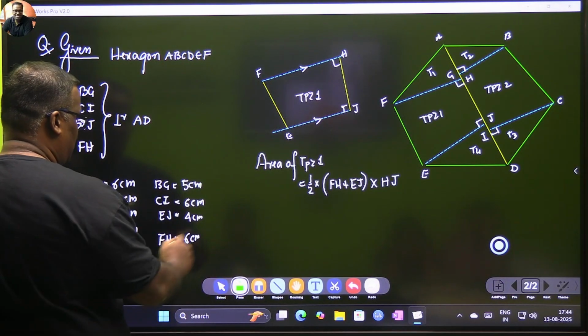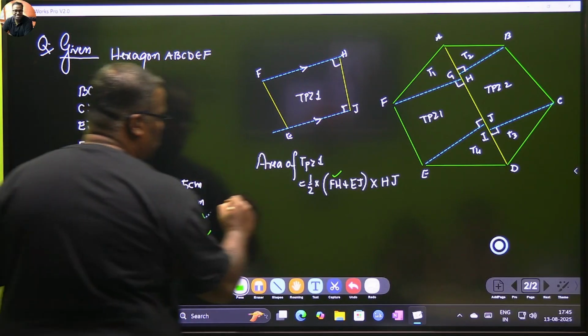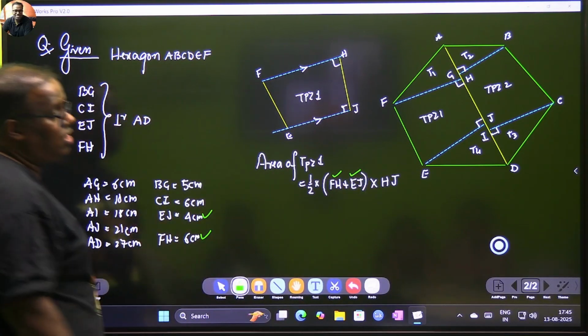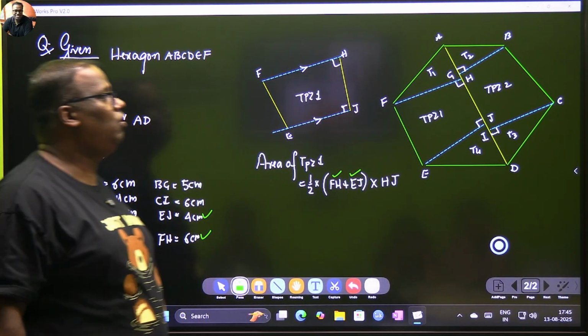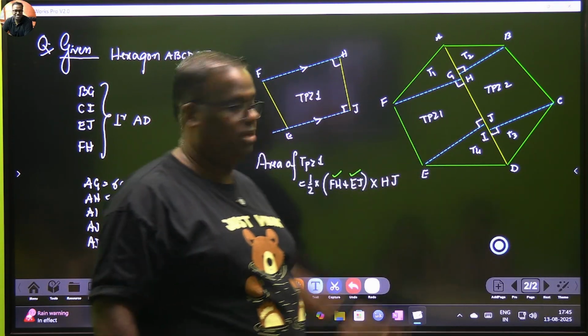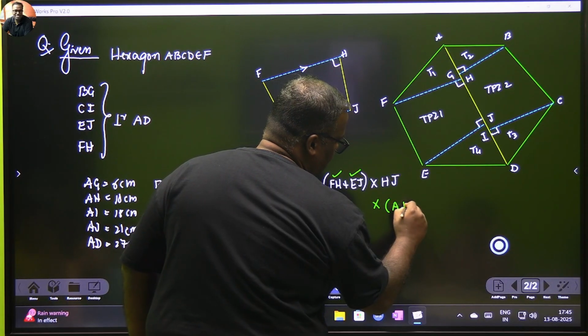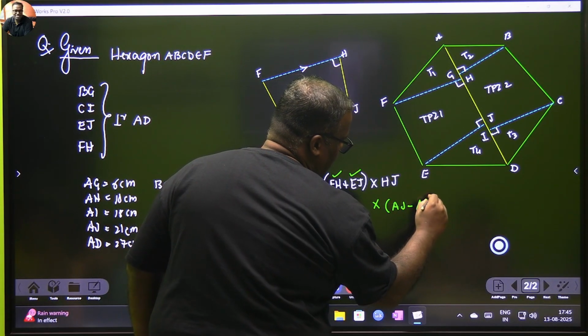The measurement FH is given to me. The measurement EJ is also given to me. HJ is not given directly. So how to find HJ? Can I write HJ as AJ minus AH? Is this possible?